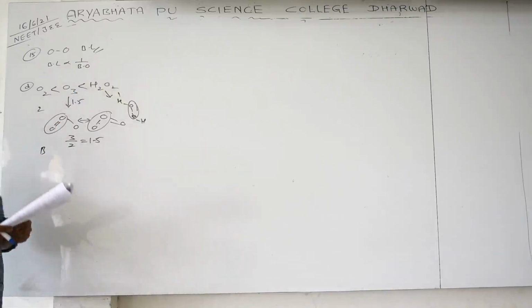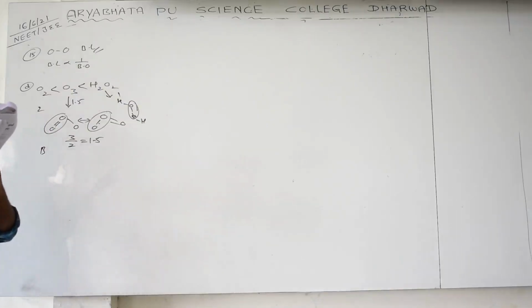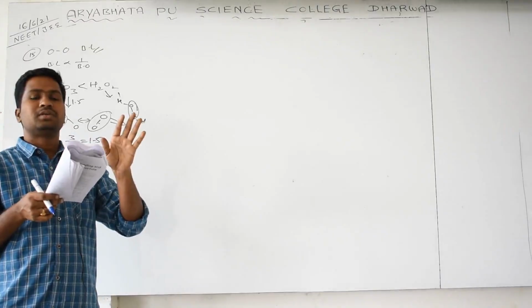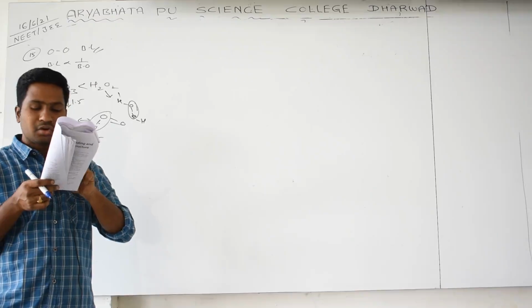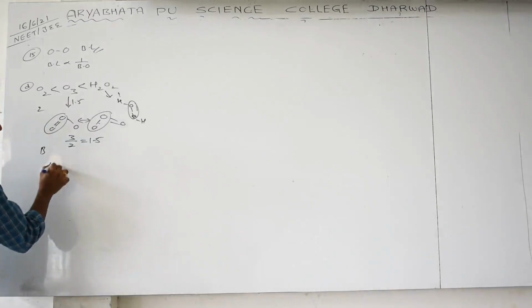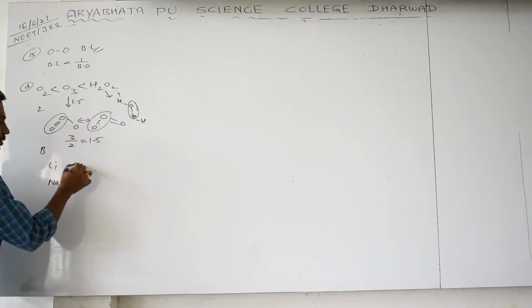A good question. Next, the correct sequence of increasing covalent character. Covalent character, I told you, is inversely proportional to the size of the cation and anion. You check it carefully. Chlorine is common, after that you are getting lithium, sodium, potassium. Beside it beryllium is coming.